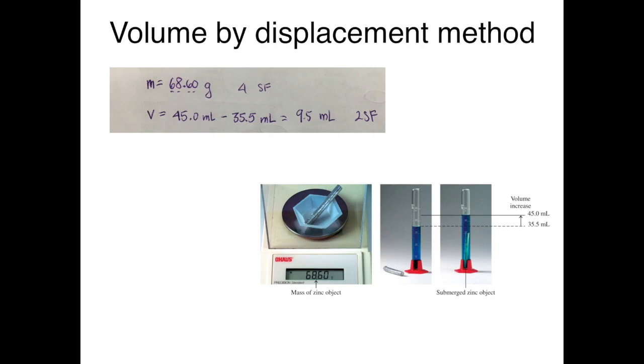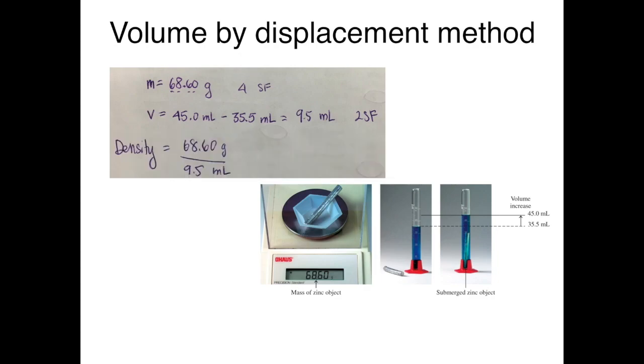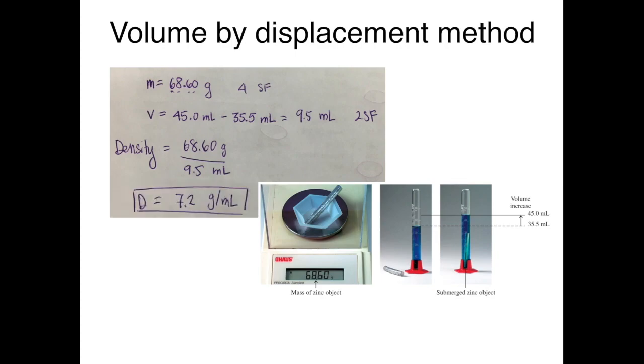This is a subtraction problem. Since this is a subtraction problem, we need to keep the same place value as the least decimal places. So in this case, it's the tenths place, so it has 2 significant figures. Plugging that into our density equation, mass divided by volume, you should get 7.2 grams per mL.